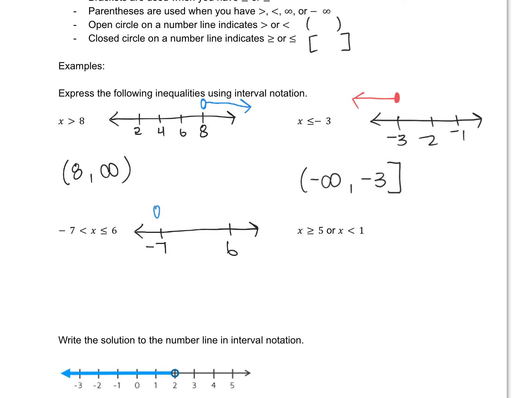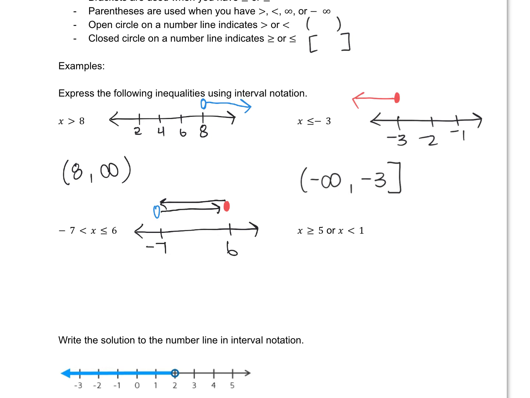And then I'm less than or equal to 6, which means it gets a closed circle. Greater goes to the right, and less than goes to the left, so they're going to overlap in between negative 7 and 6.